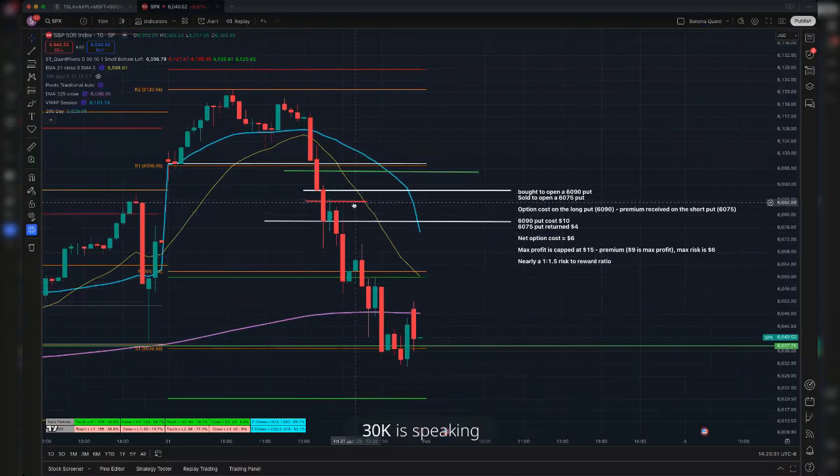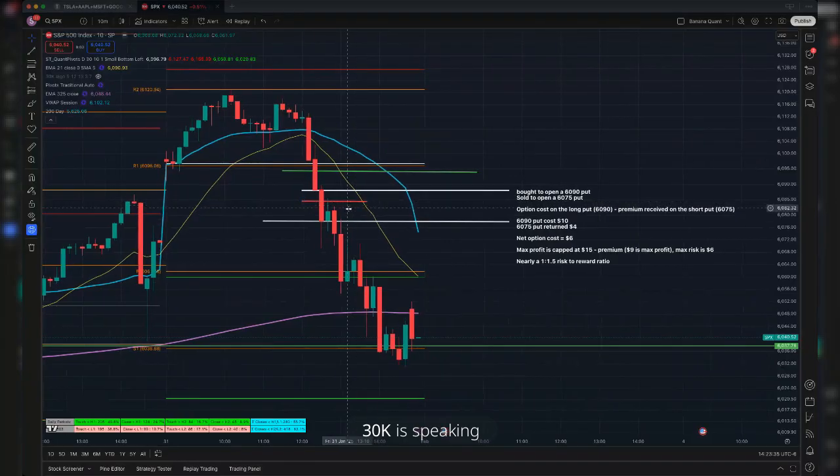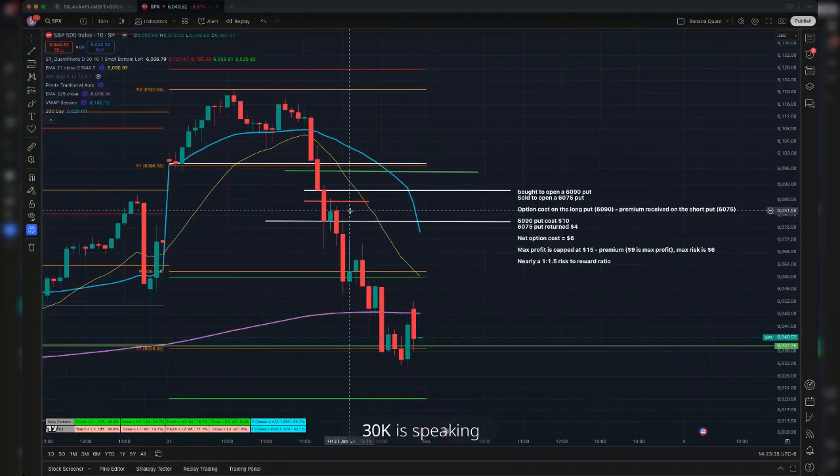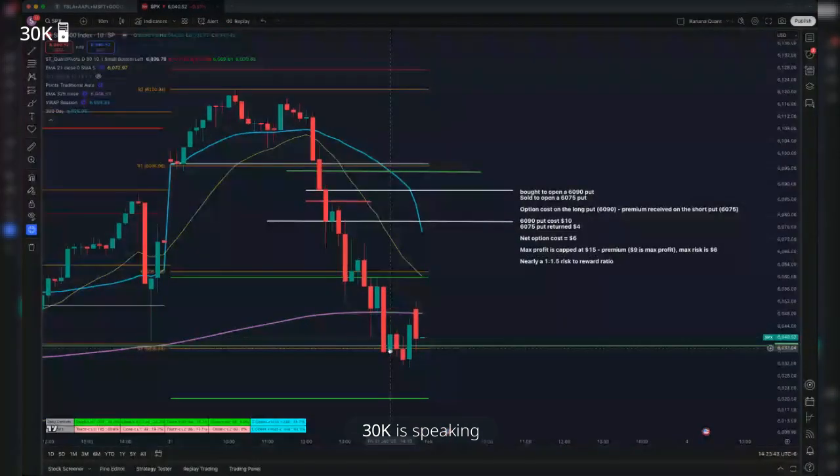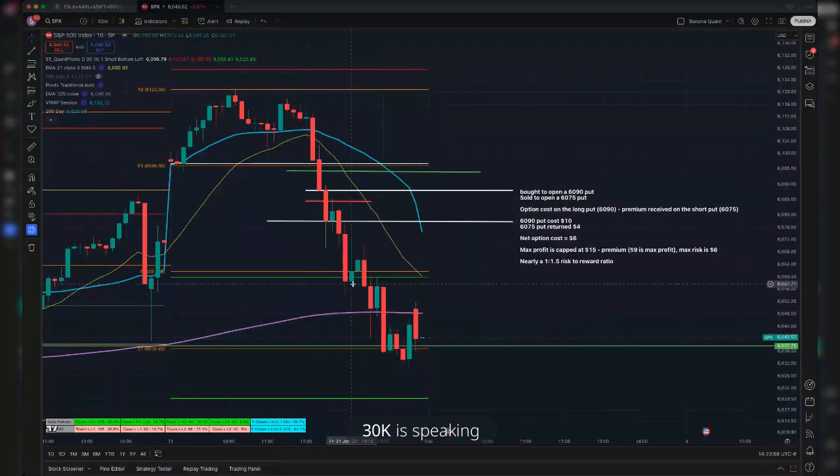All right, so your max profit is actually, sorry for my screw up on that, I'm going fast, your max profit is actually $9. So that's 1.5 to 1 on risk to reward, which is really good. Now, if price goes all the way down here, you're still capped at $9, but your likelihood of succeeding was much greater. Trend moves like this are much less common.